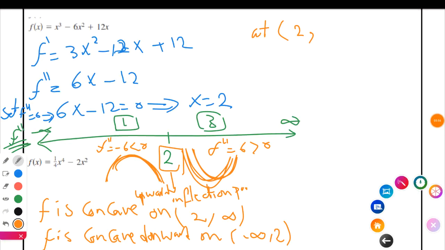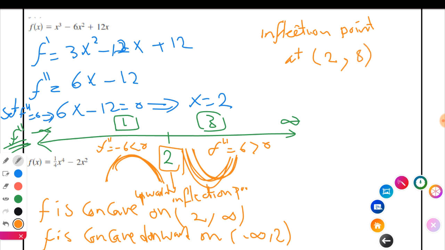Okay, here I'd like to write it in an easy way. Inflection point at which value? 2, and replace in the original function, it will be 8. It will be 2 and 8.